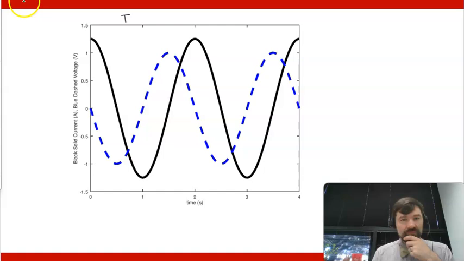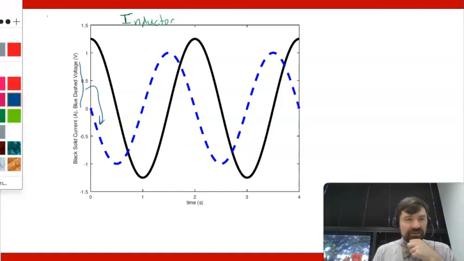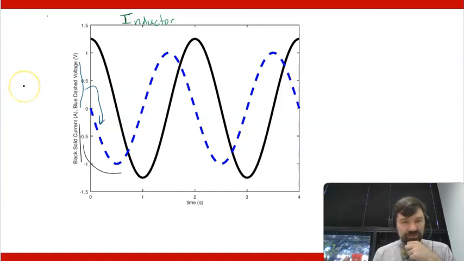And the way that the inductor works, therefore, is that you have voltage leading current. So like the peak for the voltage occurs before the peak for the current. So blue dashed line is the voltage. That would be this guy. Black solid line would be this guy. And notice that the features on the blue line are to the left of the features of the solid black line. Basically means that they're occurring earlier in time. This is a time axis.